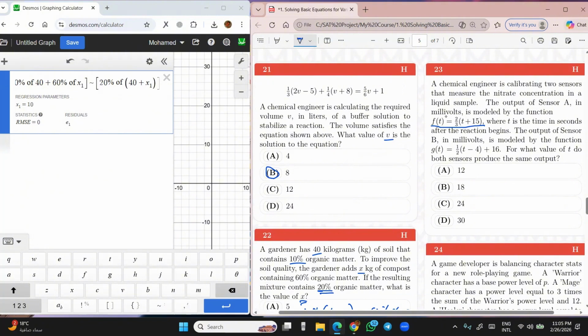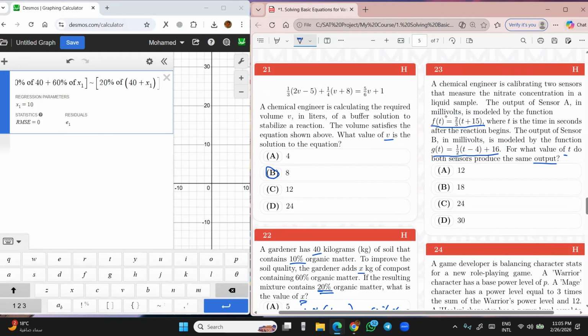The output of sensor B in millivolts is modeled by the function g. For what value of t do both sensors produce the same output? Same means this is equal to this, or f is equal to g. You can write f and g, but you can make it simple by writing this equals to this without mentioning f or g.